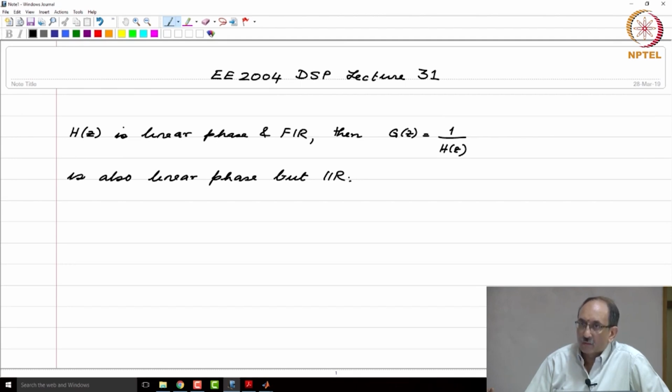and the answer is motivated by the observation that for linear phase, if you had a root inside, you will have to have a root at the reflected position, and in the example of the FIR, starting off with the FIR filter and then coming up with g of z, which is 1 over h of z, all the zeros of the FIR filter have now become poles.